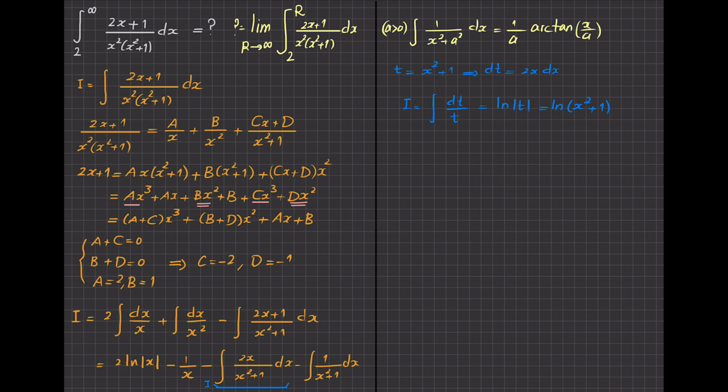Okay, so now if I finally want to write the final answer for I, it becomes equal to 2 ln of absolute value of x minus 1 over x, minus ln of x squared plus 1, and then minus arctangent of x, and of course plus a constant c. But because we are supposed to calculate the definite integral from 2 to r, we don't need to write c. Whatever c is, it is cancelled.